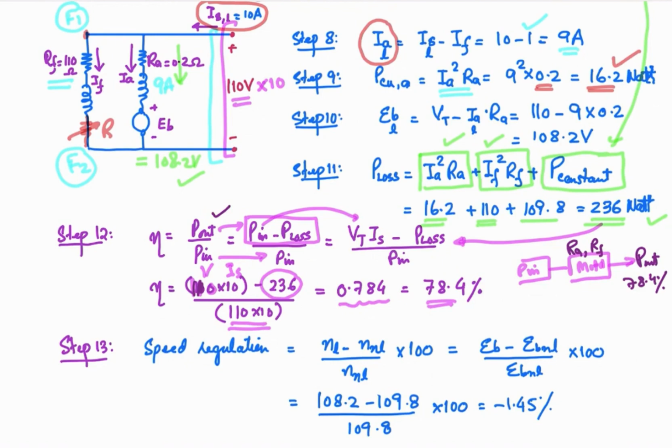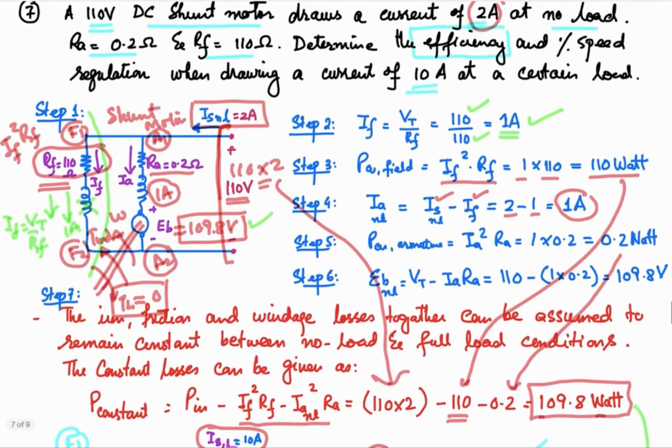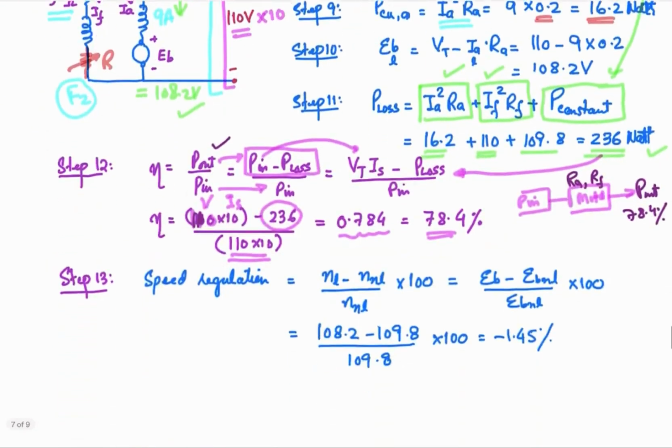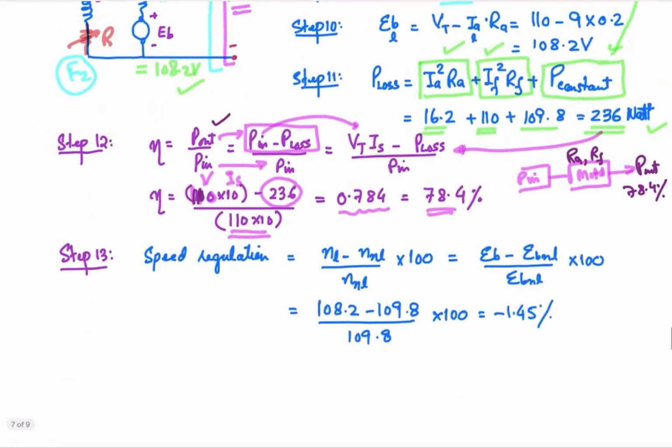Okay, now how you define the speed regulation, because we need to calculate the speed regulation over here. So speed regulation is basically the variation in the speed from the loaded state to the no load state. So the no load speed minus the full load speed, compared with the no load speed, is going to give you the speed regulation, the percentage change in the speed.